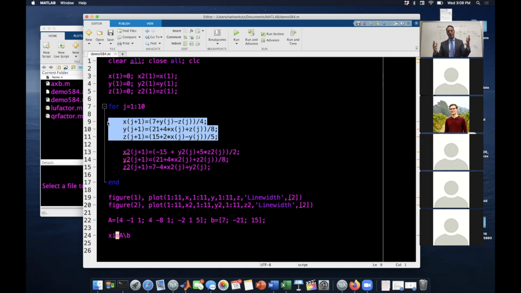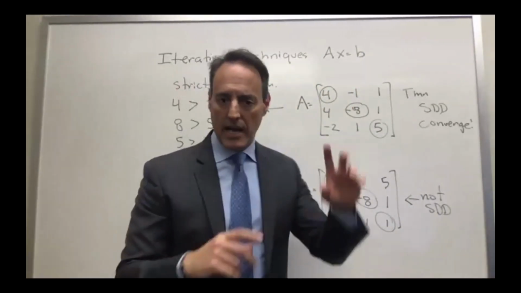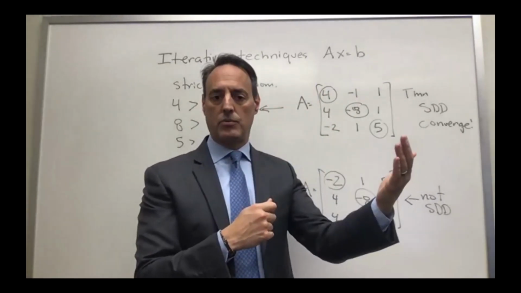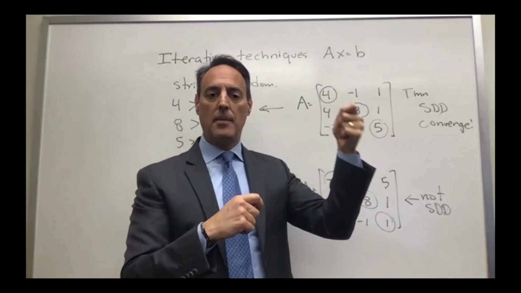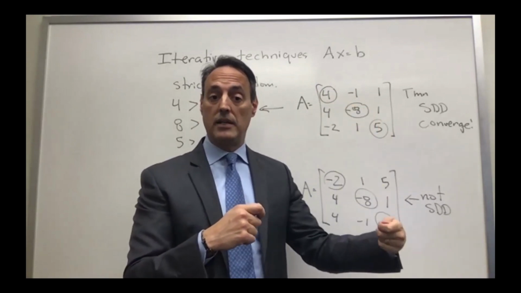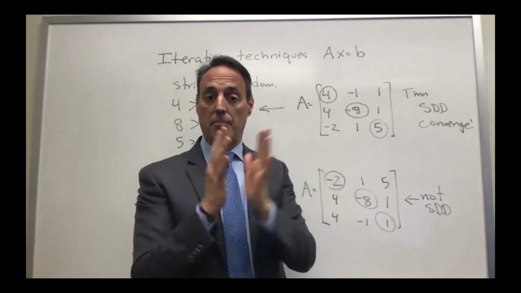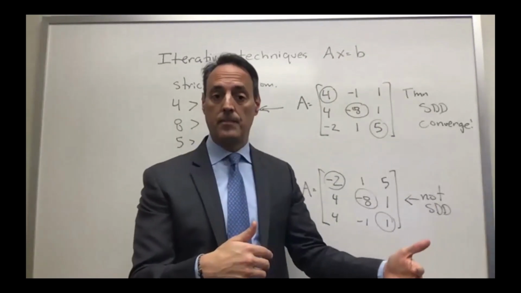So the idea is I give you a guess, and I use that guess to give me new values of x, y, z. But notice in this algorithm, I first update x, then update y, then update z. That's called Jacobi iteration. I just take the previous values and create updates for all of the values.